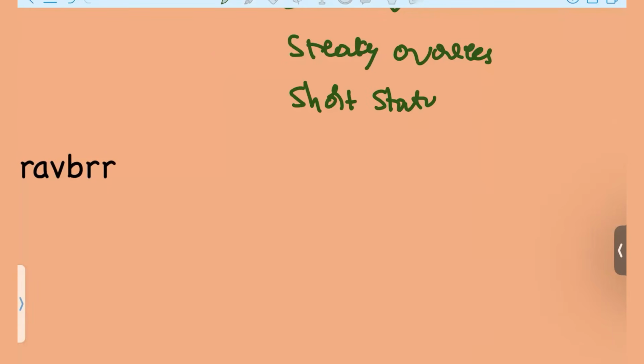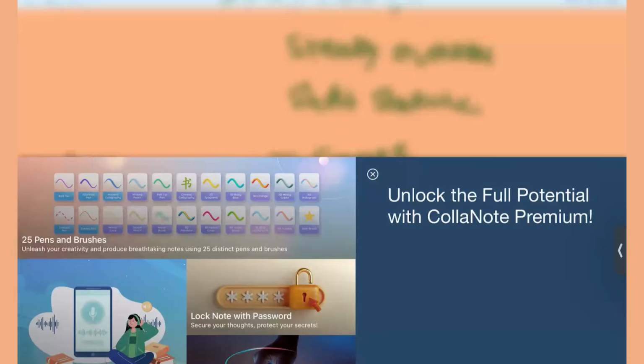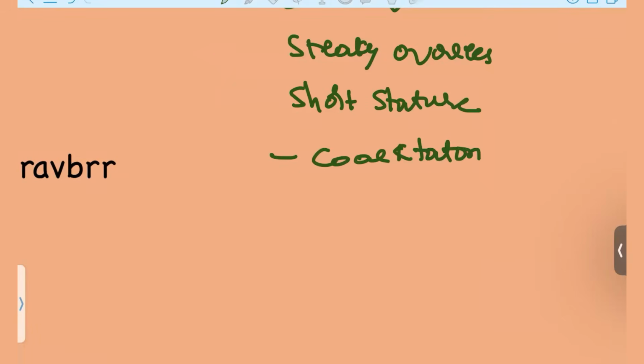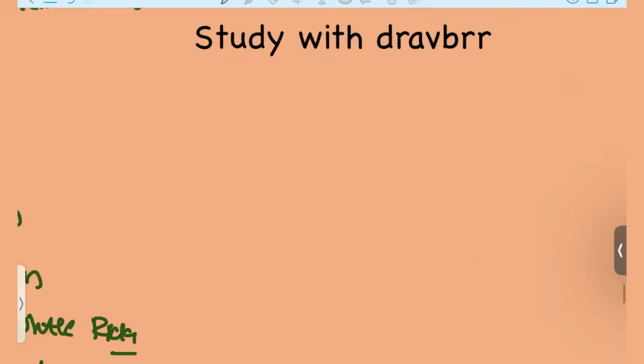And when you check this patient for heart disease, they are going to have coarctation of aorta. Coarctation of aorta.